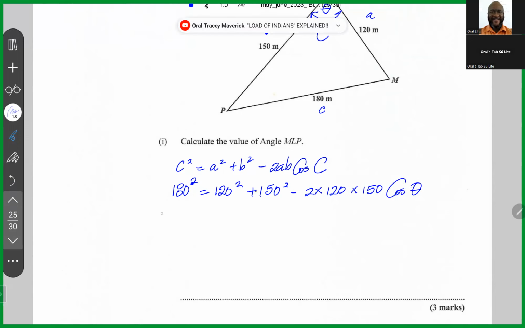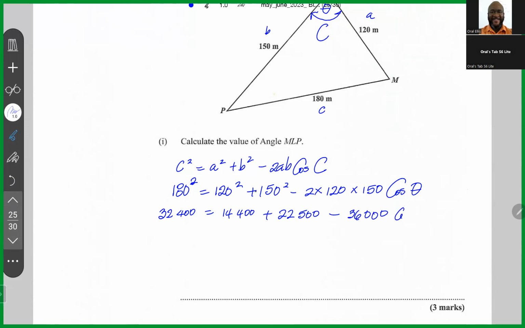Working this out, we have 32,400 is equal to 14,400 plus 22,500 minus 36,000. All right, don't be afraid of the big numbers.